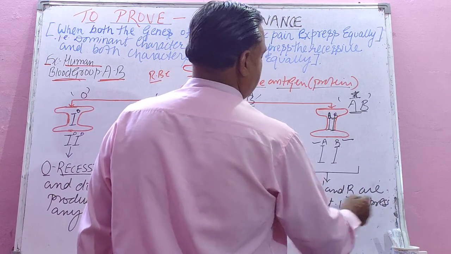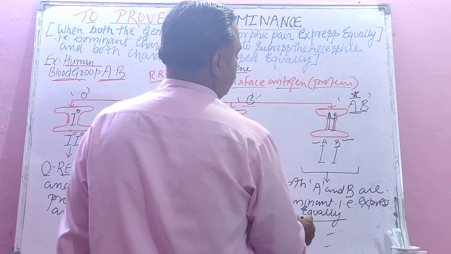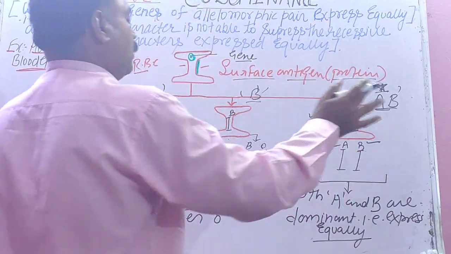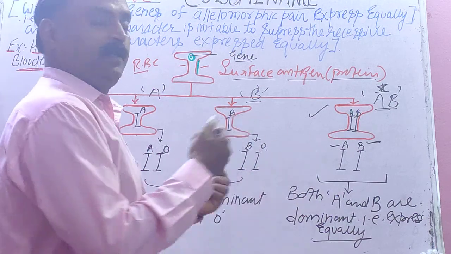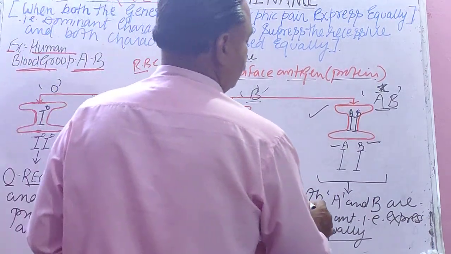That is why this condition is called codominance. Neither of the genes in the allele is dominant, but they express equally.